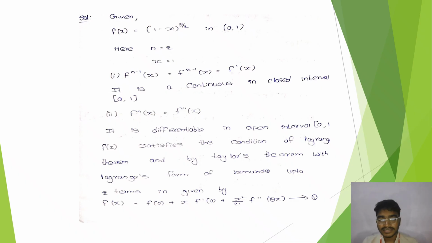It is also differentiable in the open interval, so it satisfies the conditions of Lagrange's theorem. And by Taylor's theorem, with Lagrange's form of remainder up to two terms, f of x is equals to f of 0 plus x f dash of 0 plus x square by 2 factorial f double dash of theta x. Equation 1.